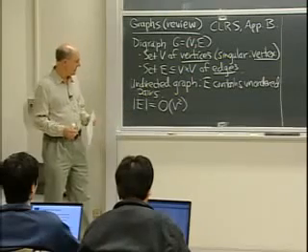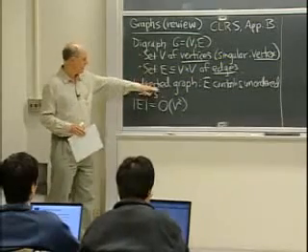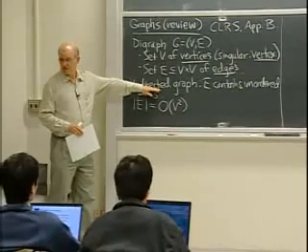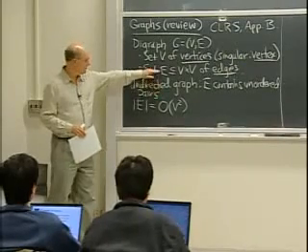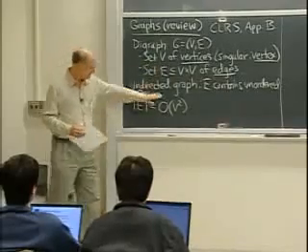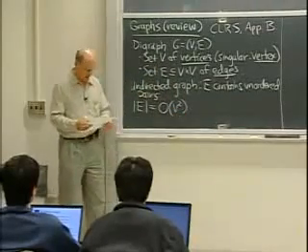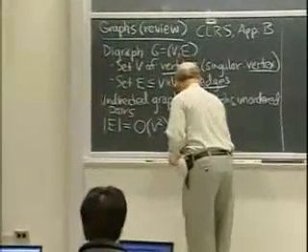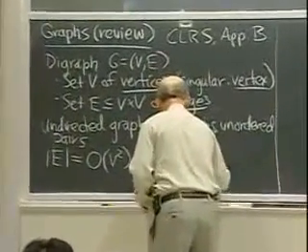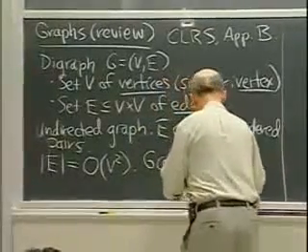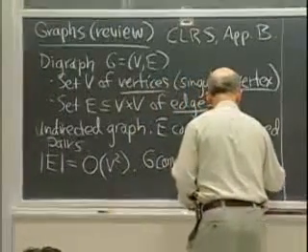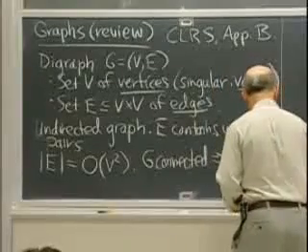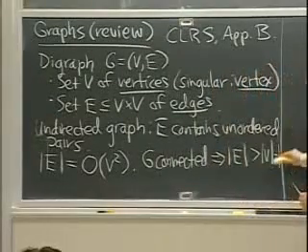So E is order V squared, whether it's a set of pairs or not: if it's a set of pairs, it's at most n choose 2, which is at most n squared over 2. Here it could be at most V squared over 2. Here it's at most V squared. Another property that sometimes comes up is if G is connected, we have another bound. It implies that the size of E is at least the size of V minus 1.